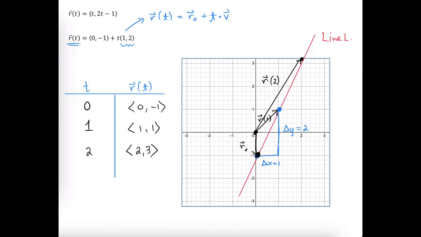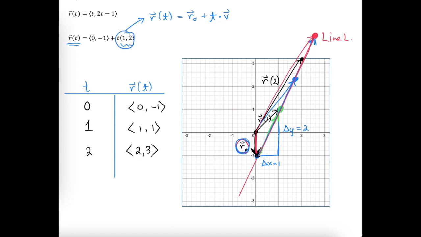So if we were to start with the initial vector r0, and then to that vector add a vector 1, 2, we would use our triangle method and see that we're going to end up with another point that's on the line. If we take that initial vector r0 and add a scalar multiple of 1, 2, so a longer vector that is in that same direction, we're still going to end up with a point that is on the line, or a vector that points to another point on the line.